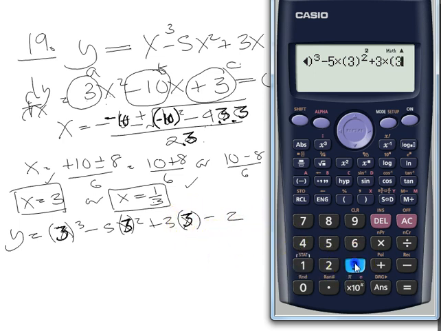Yeah, agreed? Close bracket minus 2. So let's just toggle back and double check that we've entered it all correctly. We've got 3 cubed, x cubed minus 5x squared, so that's 3 squared, minus 5 lots of. Then you've got plus 3 times the 3 minus 2 equals minus 11. So here we can put y equals minus 11.